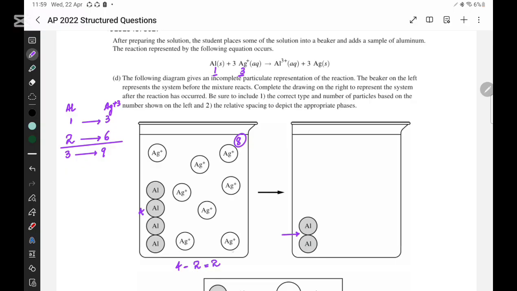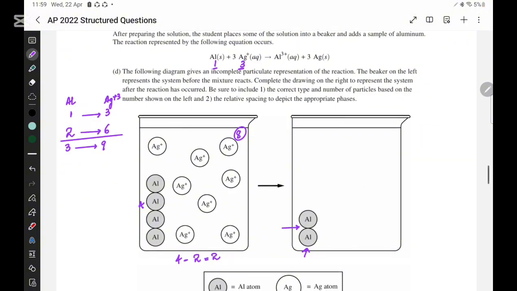So the remaining aluminium are 2. And those 2 aluminium would be converted into aluminium ions, so I am writing 2 aluminium ions here.